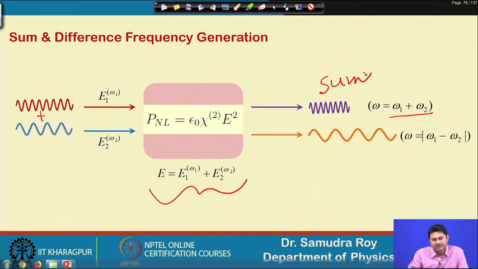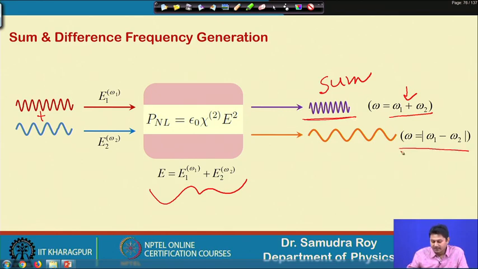This sum frequency is nothing but the combination of two frequencies, omega 1 plus omega 2. The plus sign suggests that they add up, and the figure also suggests that when these two frequencies add up, the total frequency is higher. That is why I drew this frequency like that, with more frequency, the frequency is high rather.